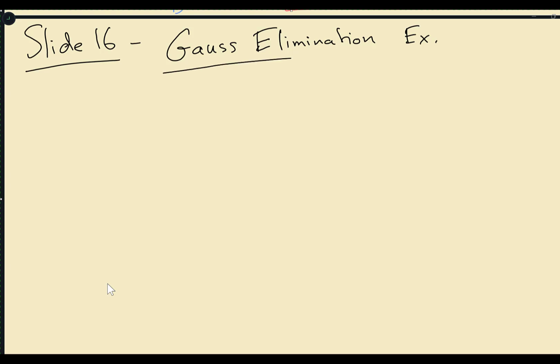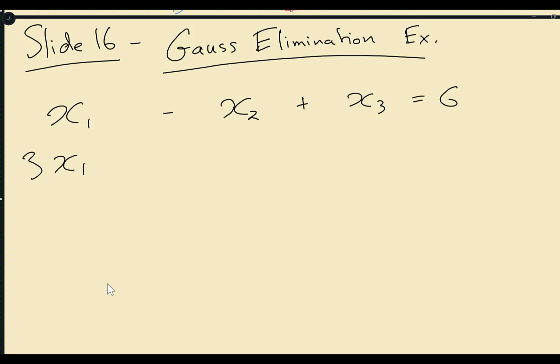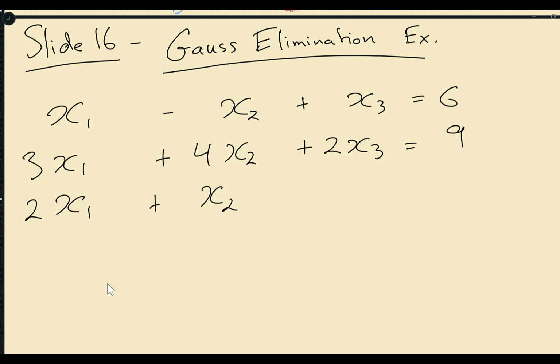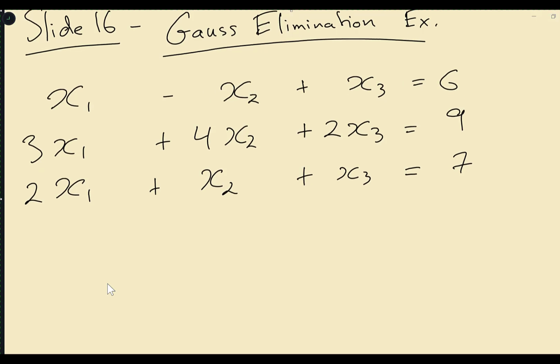Example: we have x1 minus x2 plus x3 equals 6, and 3x1 plus 4x2 plus 2x3 equals 9, and then 2x1 plus x2 plus x3 equals 7. So what's the first step here?